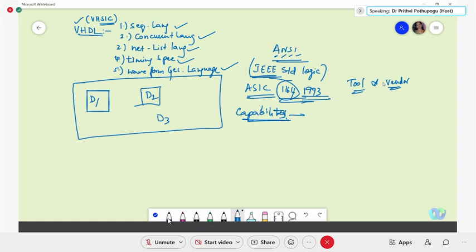Whatever we were saying so far as a verbal description, those details will be given by the vendor or the user. And this VHDL will be like writing a story based on the vendor's description. Your VHDL is nothing but a story writing sort of thing. It's very simple. You understand the problem statement, you write the story, that story relates the inputs and outputs, that's all. It's as simple as that.